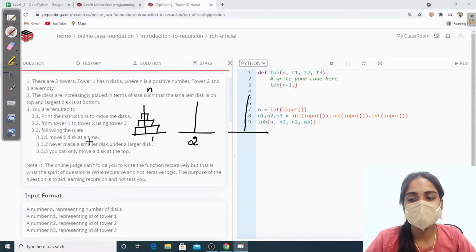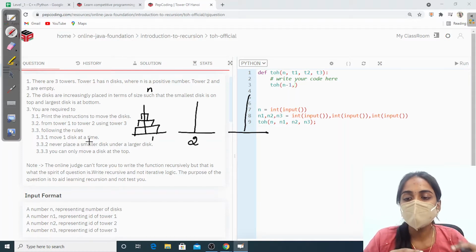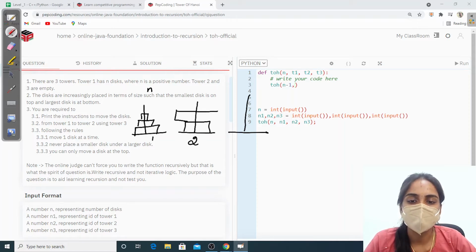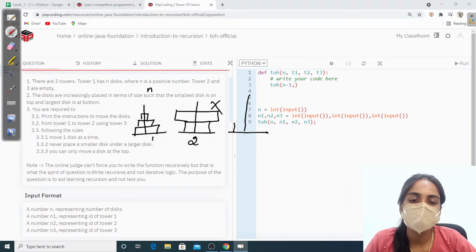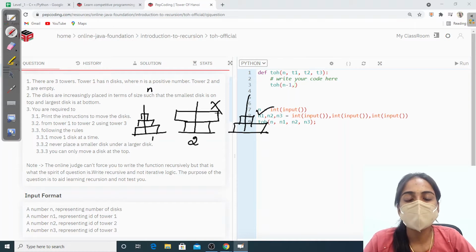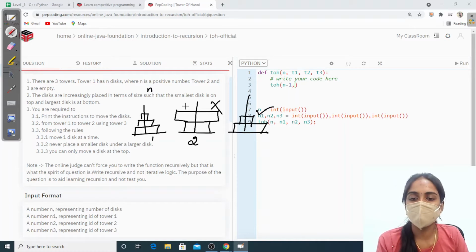The second condition is never place a smaller disc under a larger disc. We can't place the discs like this. We should place the discs like this only. We can't place the largest disc on the smaller one.